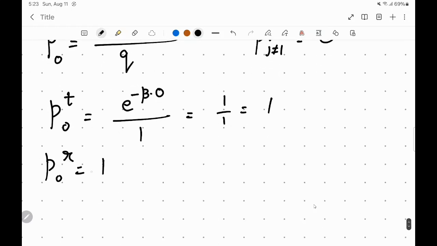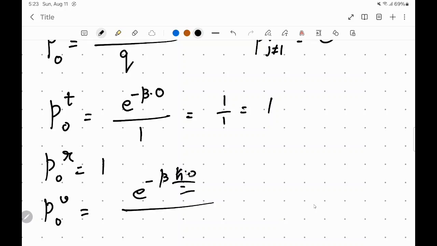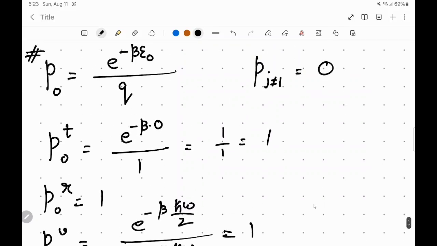Rotational also it will be 1. For vibrational, e to the power minus beta h cross omega by 2 divided by the same e to the power minus beta h cross omega by 2, so it will be 1. So it may be rotational, vibrational, or translational, the ground state will be populated. You know that, we have already discussed this. Other states will be 0.